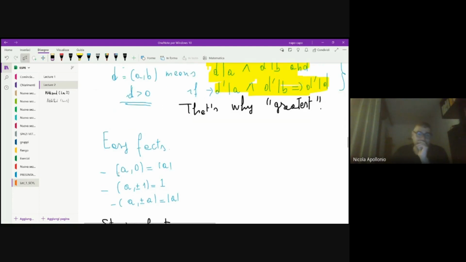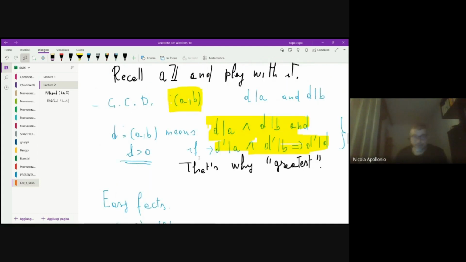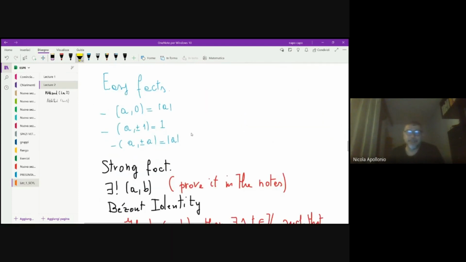And of course, the greatest common divisor of A and 0 is the modulus of A. Let me stress this fact here: the greatest common divisor is a positive number.